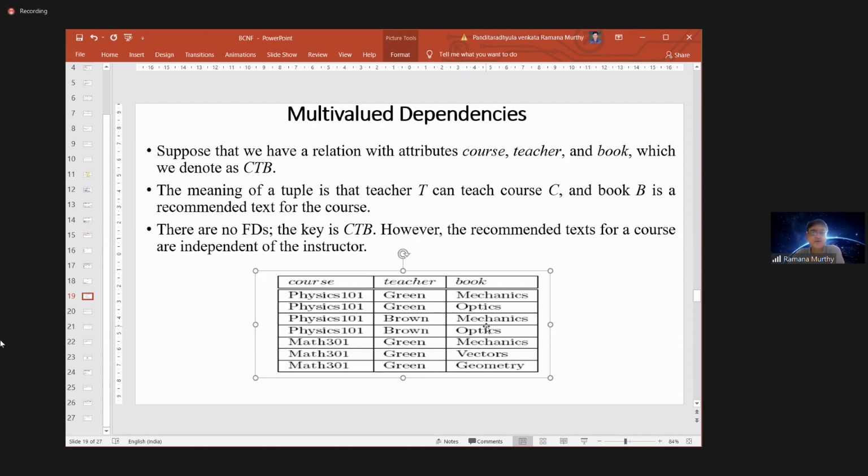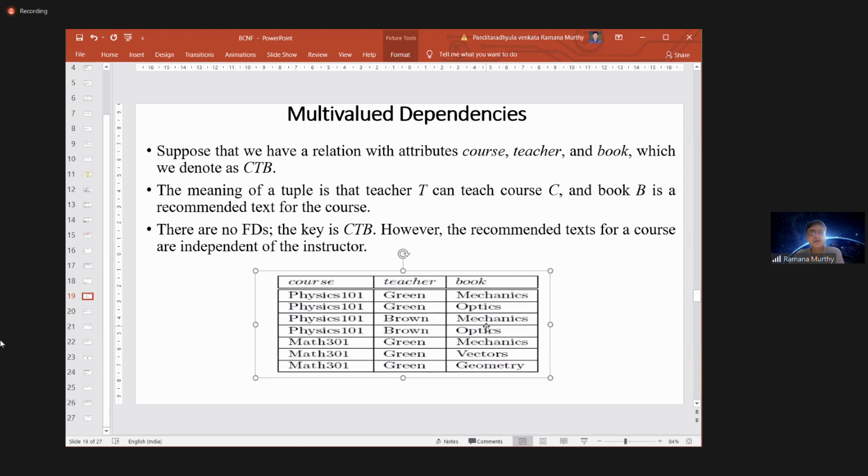As there are no functional dependencies in this case, what can you call this? A course has multiple books, a teacher can teach multiple courses, and a teacher can prefer multiple books. Previously we did not prefer multi-valued attributes, but here we identify multi-valued for each and every column.